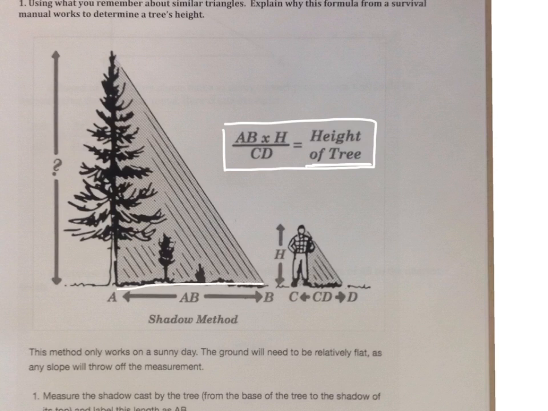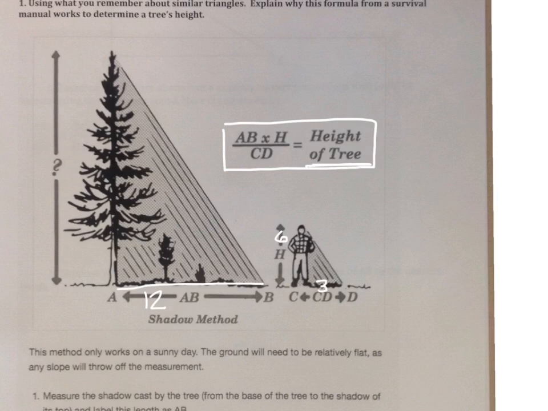So according to this, to figure out how tall the tree is, we'll need to know the shadow of the tree. And let's just make up a number here. Suppose that this is a 12-foot shadow. And we'd also need to know the height of the man and also the length of the man's shadow. So let's say this person's 6 feet tall and their shadow is only 3 feet long.